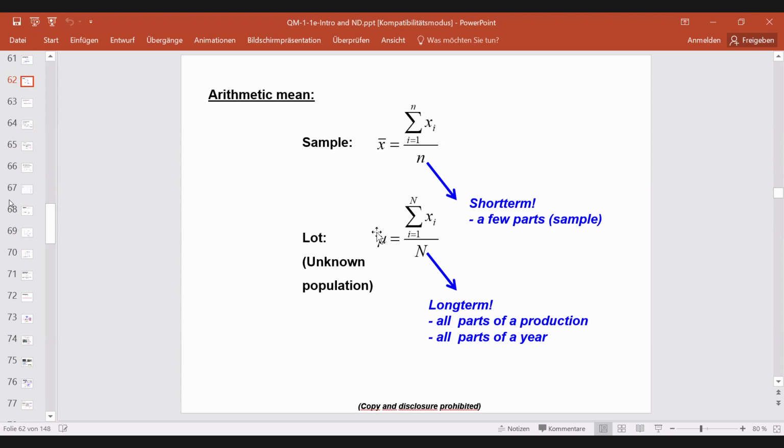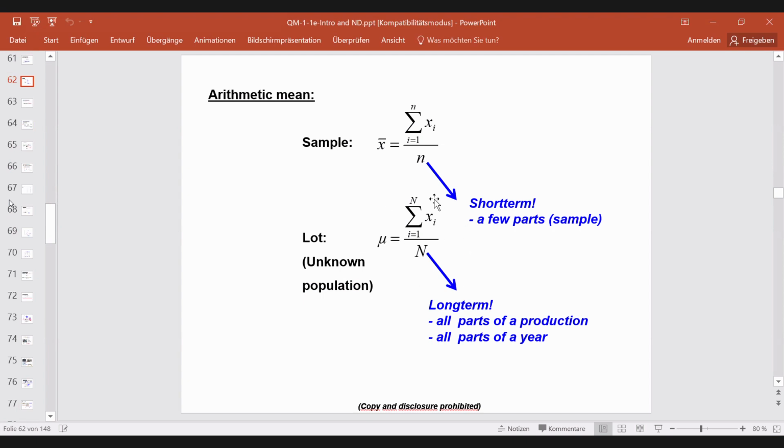And this is totally different from a sample. Because if you take a sample, you get a mean value. And if you take another sample 2 hours later, you will never get the same mean value. You will get another mean value. So if you take samples out of the production, every time you get another mean value.